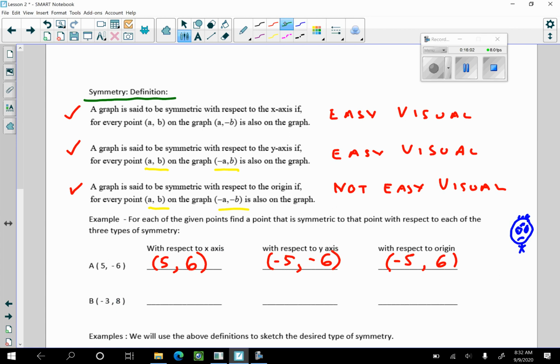And we notice that the x's remain the same and the y's change. With respect to the y, the x's go opposite and the y's remain the same. With respect to the origin, both coordinates take on the opposite of what they started with. Okay, super easy.